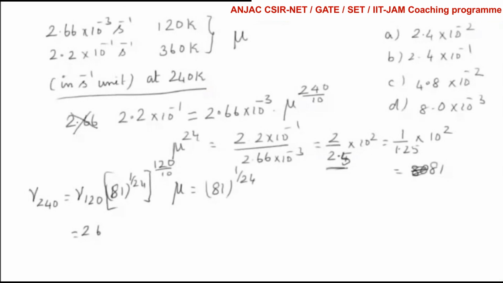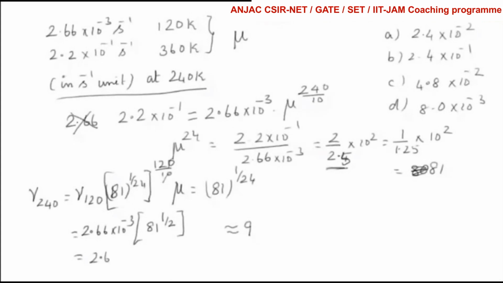Therefore the rate at 120 degree Kelvin is 2.66 into 10 power minus 3 into 81 power 12 by 24, which is half, so 81 power half. The square root of 81 is equal to 9.